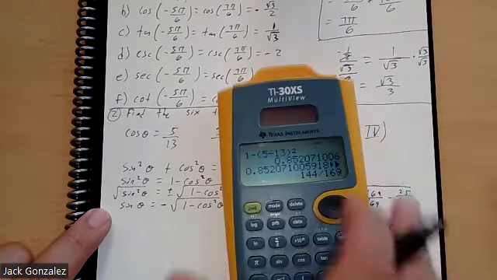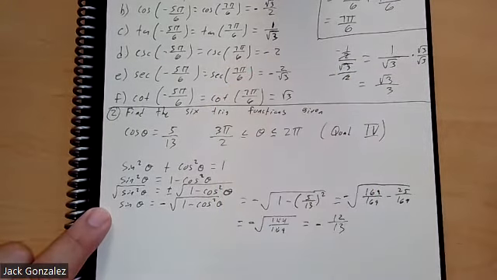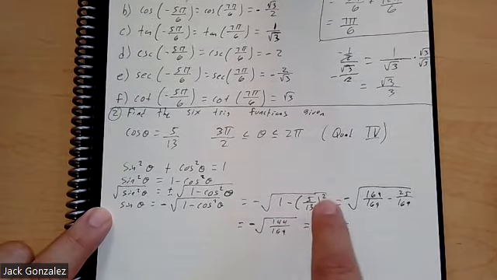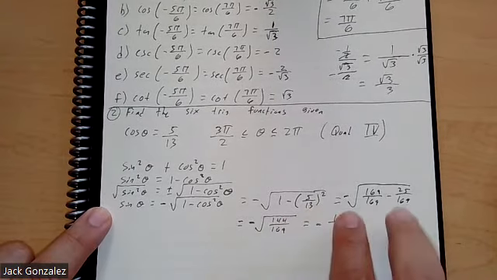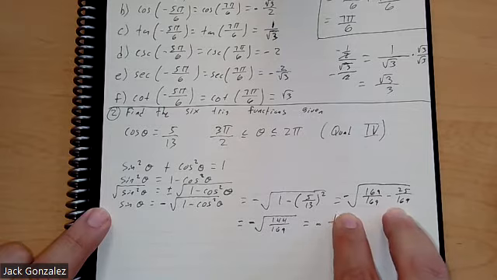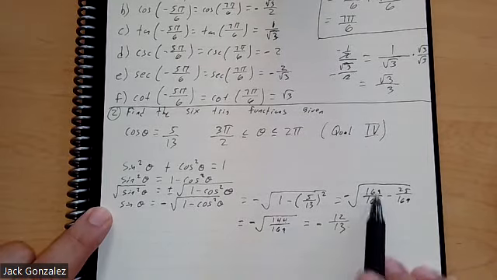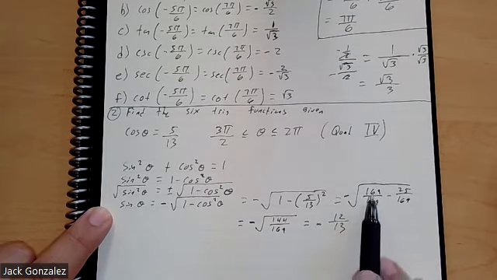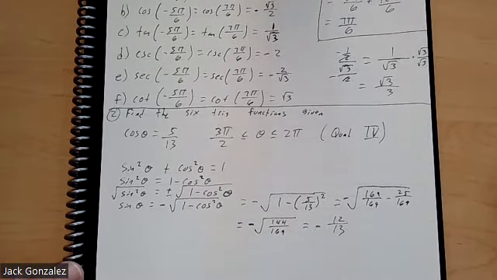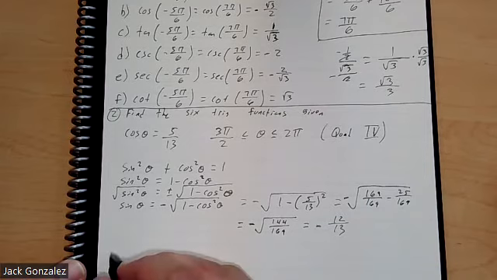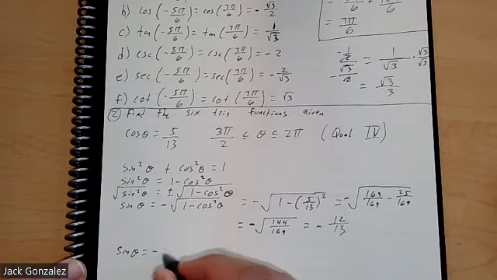I did the inside right here. That's where this comes from. So just do your fraction, square this, and then do your common denominator. I skipped the common denominator here. 1 is equal to 169 over 169. Anyway, so we have sine theta equal to negative 12/13.